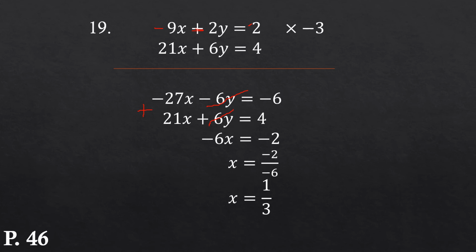Negative 27 plus 21 equals negative 6x. So negative 6 plus 4 equals negative 2, so x equals negative 2 over negative 6; negative and negative cancel. We simplify it by 2. 2 divided by 2 equals 1, and 6 divided by 2 equals 3.